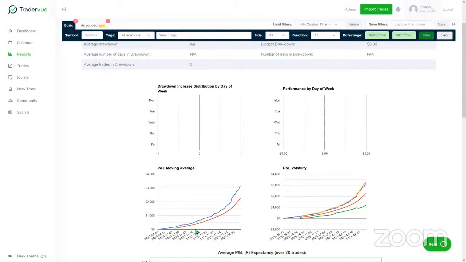The P&L moving average is telling us this is only for the winning days. And please keep in mind that for this to make sense, you will need to be profitable, or have a set of data from a profitable trader, in Tradervue.